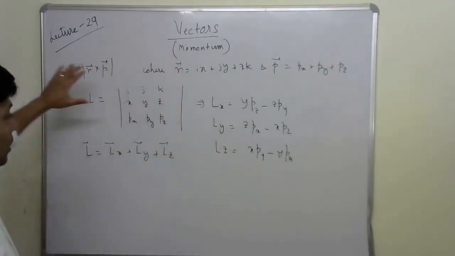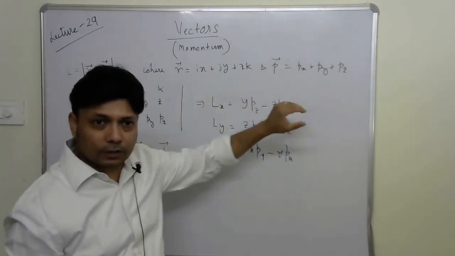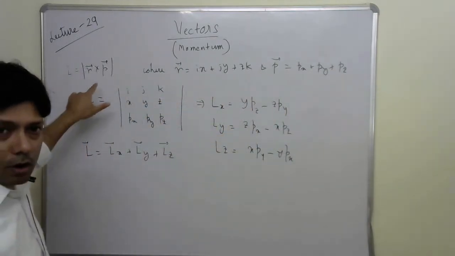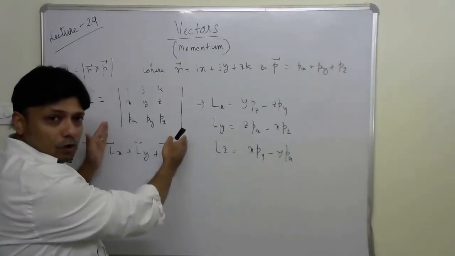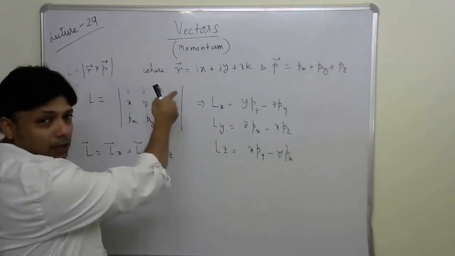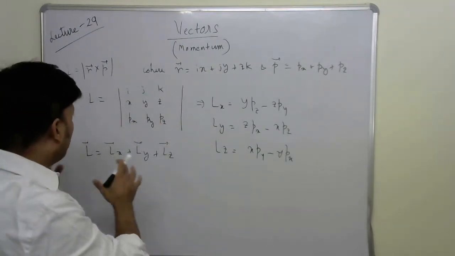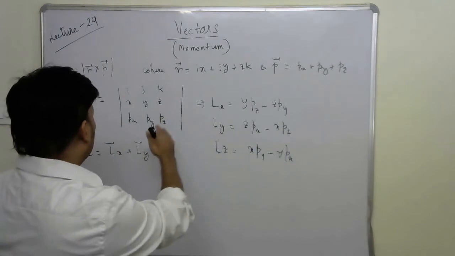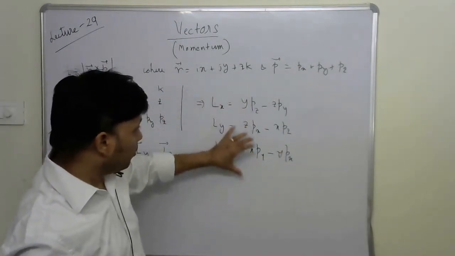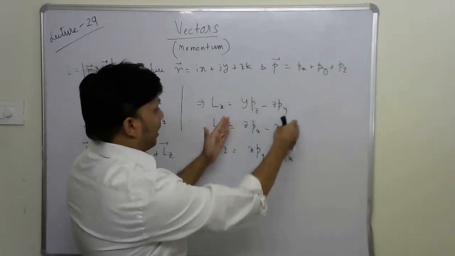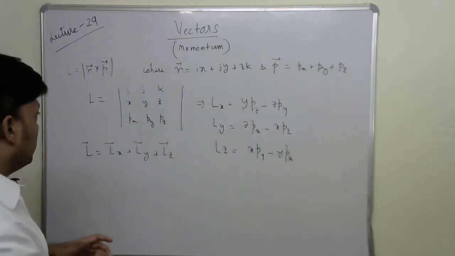Here is the expression of the R vector and here is the expression of the P vector, and we are considering the cross product of the two. So we again go by the rule of determinant: i, j, k, then x, y, z, and then Px, Py, Pz. If we evaluate the determinant, we will have three components multiplied by i, j and k.